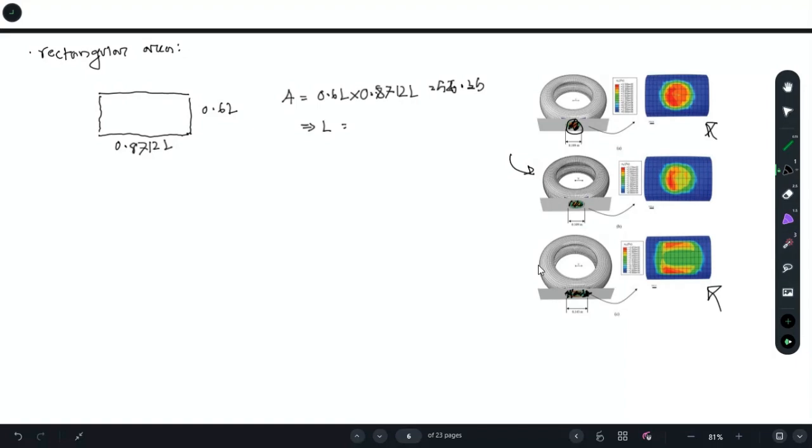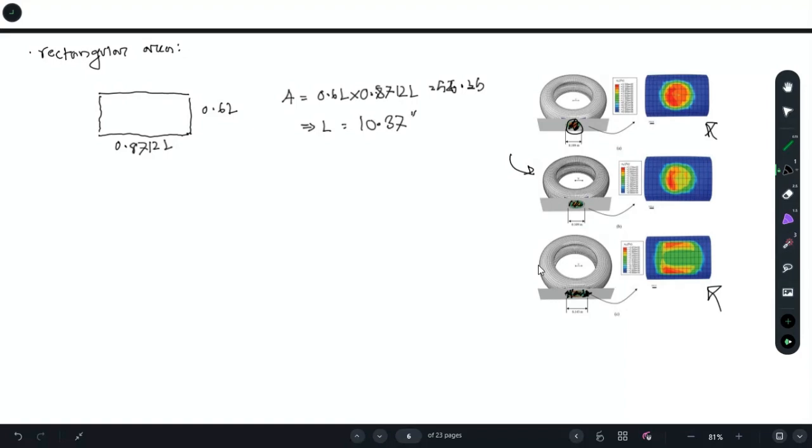Let me check once again. Did I make any mistake? 56.25 divided by 0.6 multiplied by 0.8712. I get 107, and I need to take the square root. I will get 10.37, right? 10.37 inch.